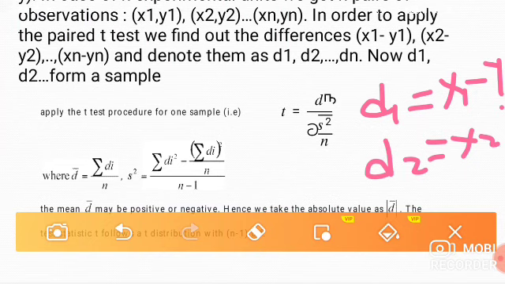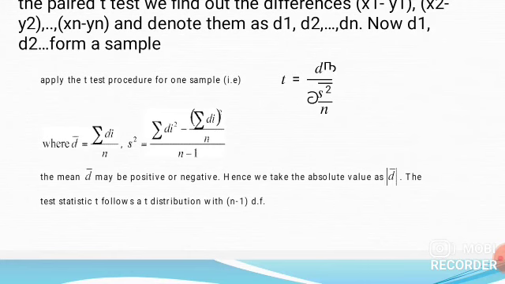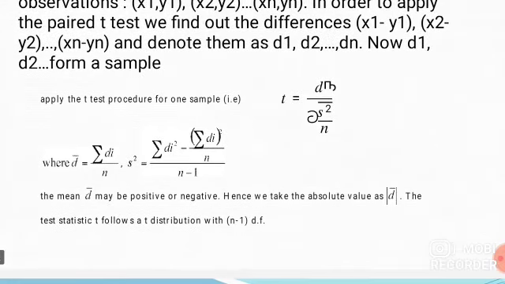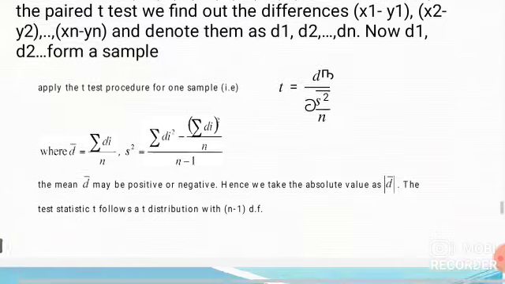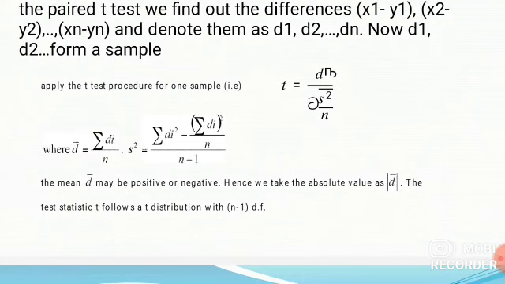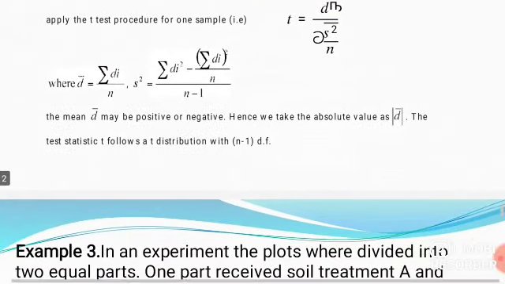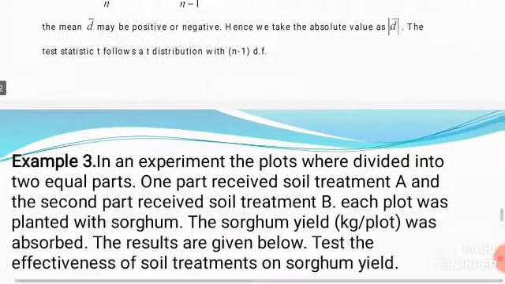The summation of di divided by n is equal to d bar, and its variance s square equal to summation di square minus (summation di) whole square divided by n, and also divided by n minus 1. The mean d bar may be positive or negative, hence we take the absolute value, mod d bar. The test statistic t follows a t distribution with n minus 1 degrees of freedom.